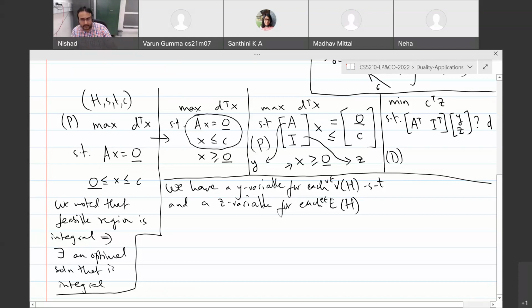And for a minimization problem, the natural will be greater than or equal to. And the Y variables are going to be free. And the Z variables come from the less than or equal to constraints, which are natural for the primal, for the maximization problem. And so the Z variables will be non-negative.